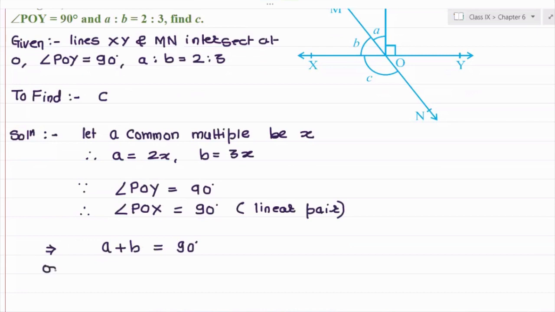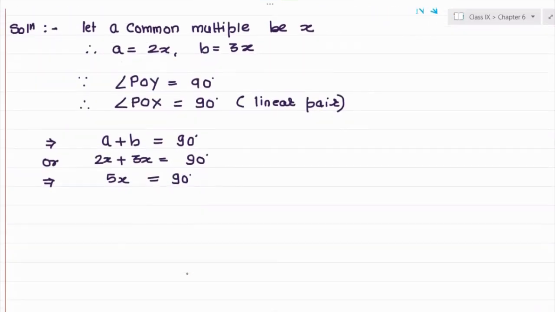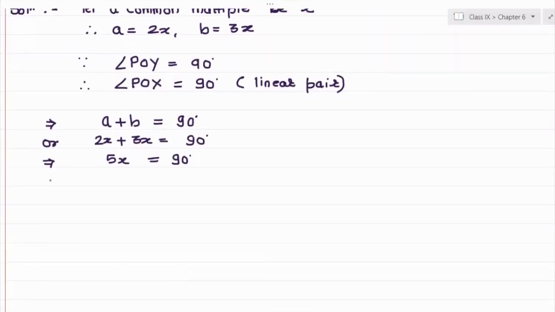Now we shall put in the values: A is 2x and B is 3x, equal to 90 degrees. Now 2x and 3x added become 5x. So 5x is equal to 90 degrees. Since 5 is in multiplication, it goes to the denominator, so the value of x is 90 upon 5, which becomes 18 degrees.